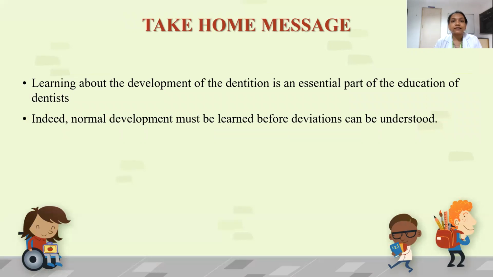We all know that it is very important for a dentist to know about the development of dentition, because only if we know the normal can we identify any deviation from normal, and if required, have an early intervention, and refrain from any intervention if it is a self-correcting anomaly, and let the growth and development do its job. So it is very important for a dentist to have a thorough knowledge about the development of dentition.